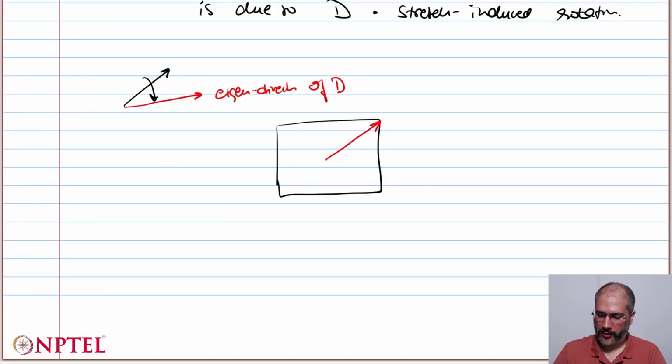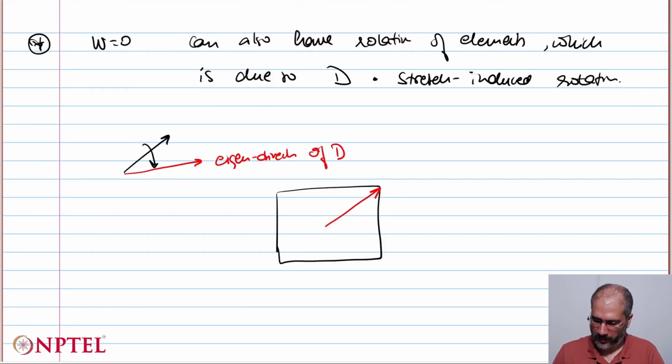So this eigen direction, which is at 45 degrees to our horizontal axis, the flow field in this case will look something like this, which basically means that vectors will be oriented so that all the fluid particles will eventually want to move parallel to the eigen directions of D. And here we're talking about a case where W is 0. So things will want to align with the eigen directions of D. So this is the qualitative nature of flow.